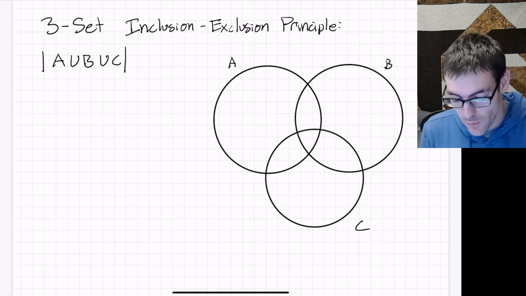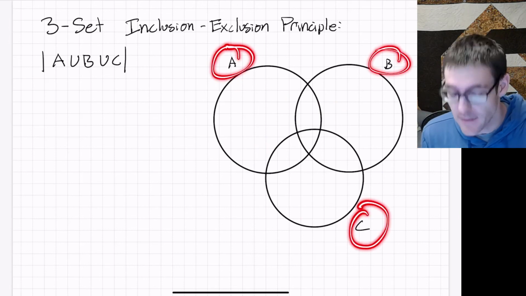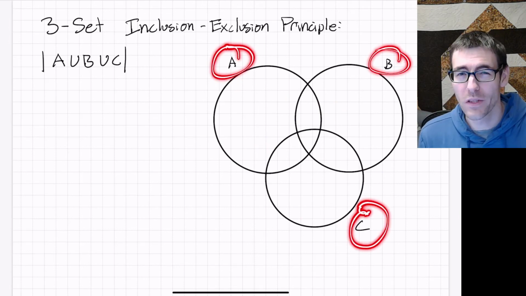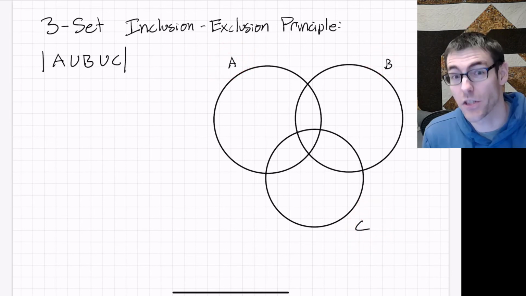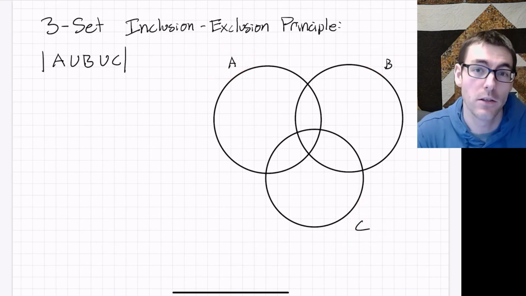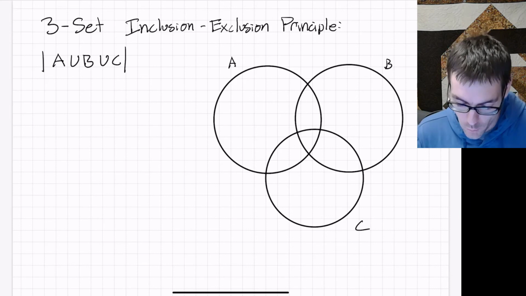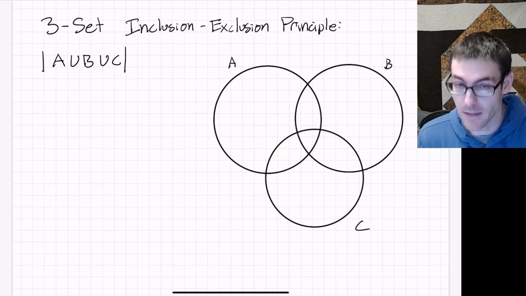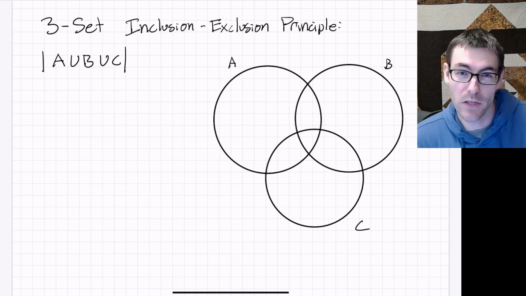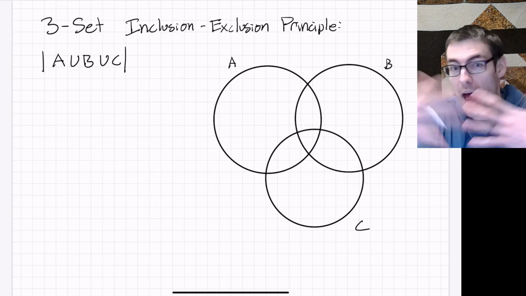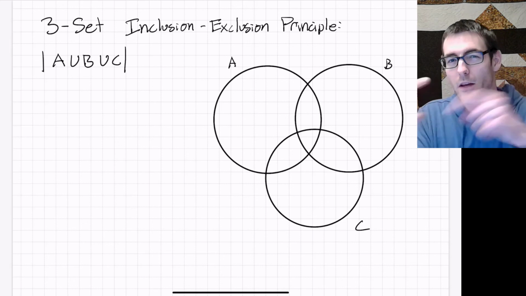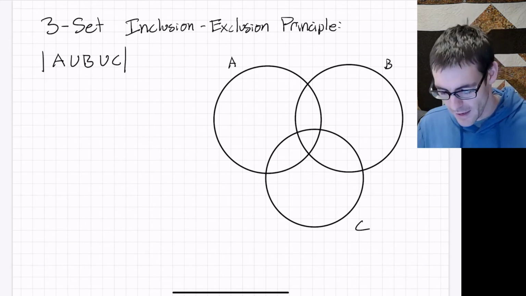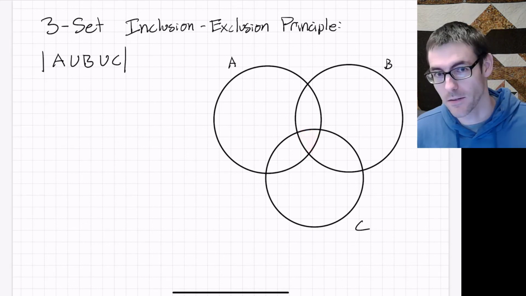Well, to figure that out, we can add up the elements in A, B, and C. However, we're going to start double counting some regions, much as we did with the 2-set example. One issue is that this region is double counted by A and B. Well, maybe we should subtract off that piece. But this may cause some issues down the road, like how does this relate to this piece?